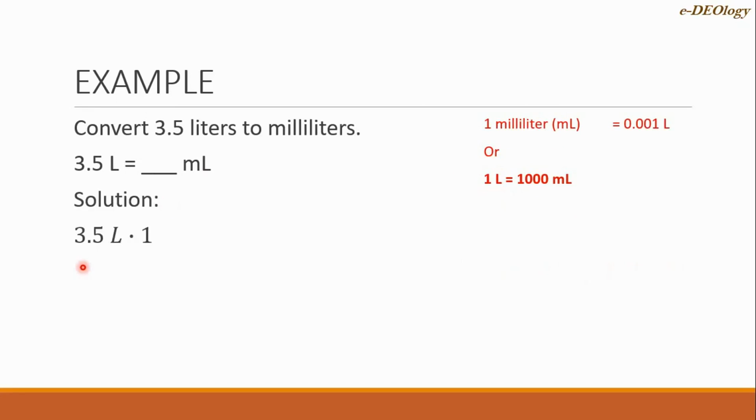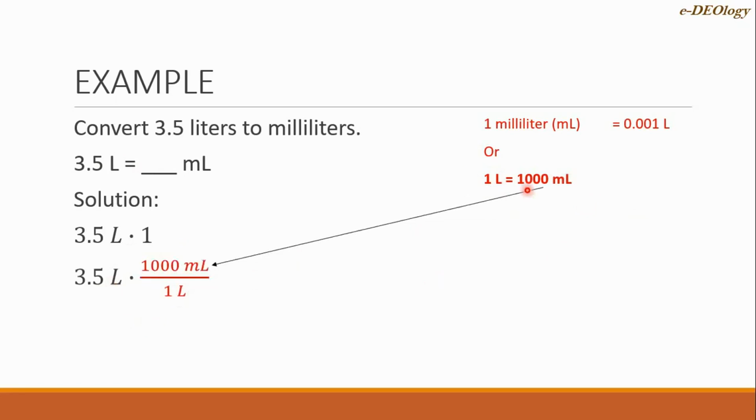For our solution, 3.5 L, that problem, we copy here, multiplied to a value equal to 1. So this value is a fraction that will come from this formula. So I want to cancel the liter unit, so I should put the liter in the denominator. So here is 1 liter.